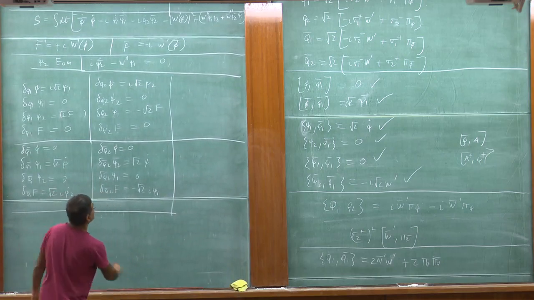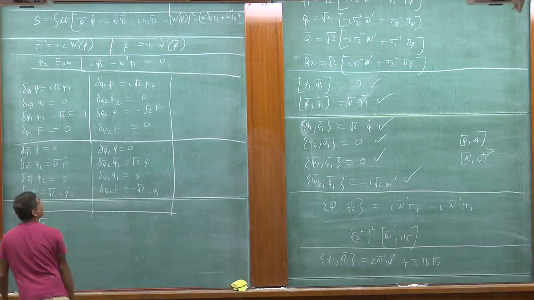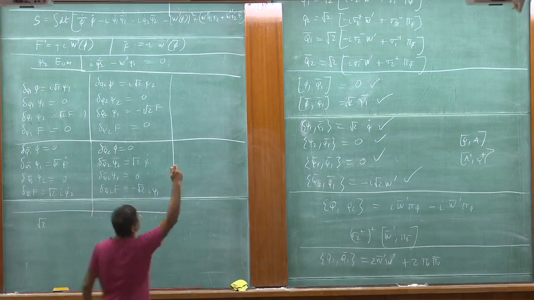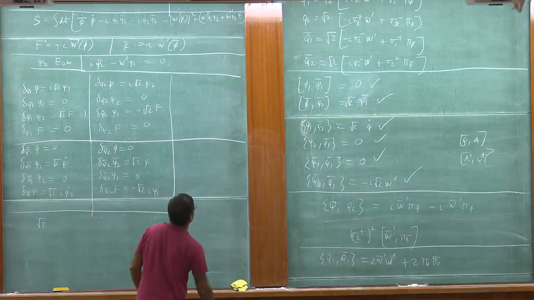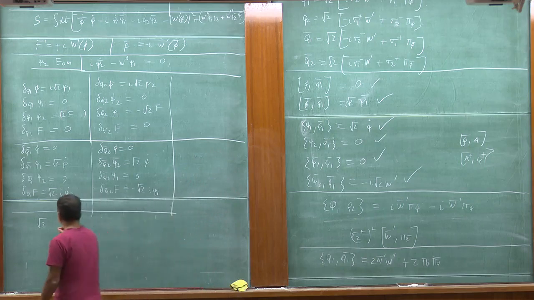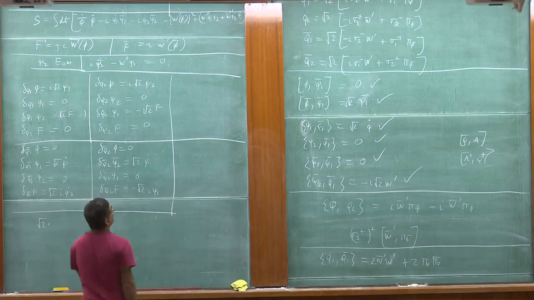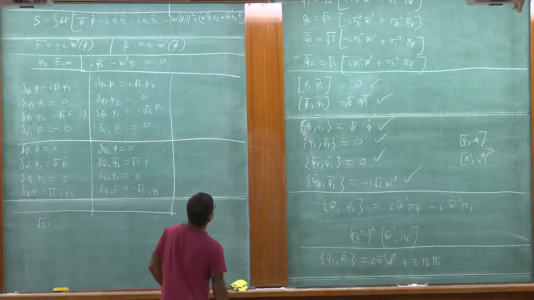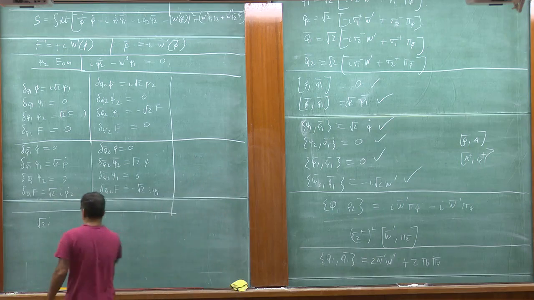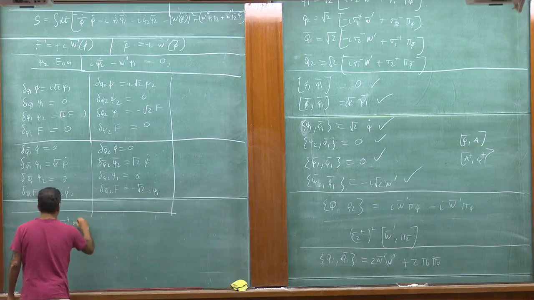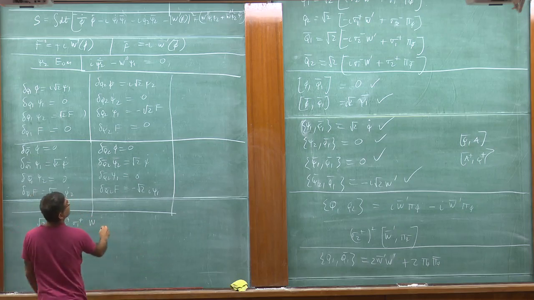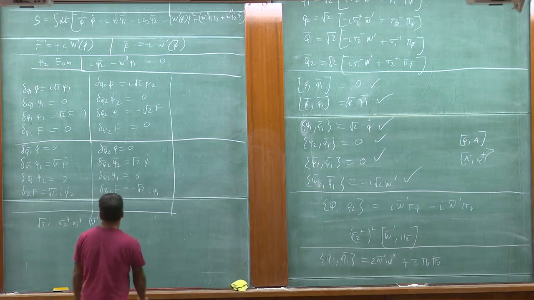We get square root 2i, square root 2i, sigma 2 plus, sigma 1 plus, and then W bar prime and pi phi bar.